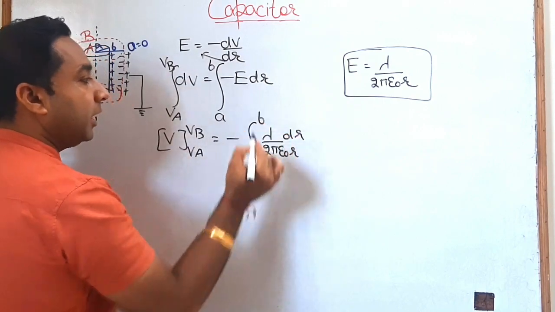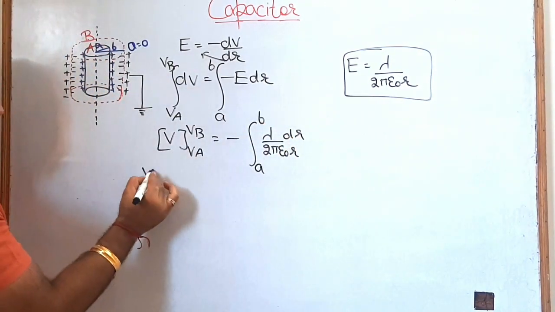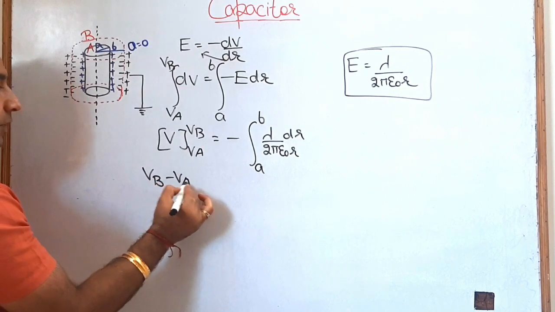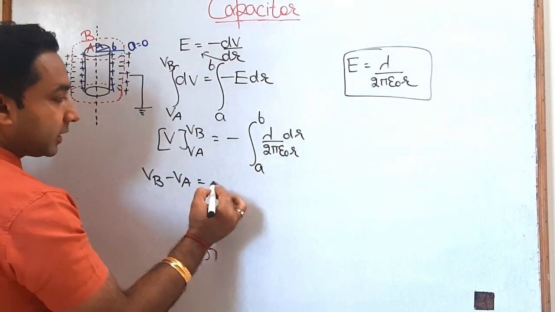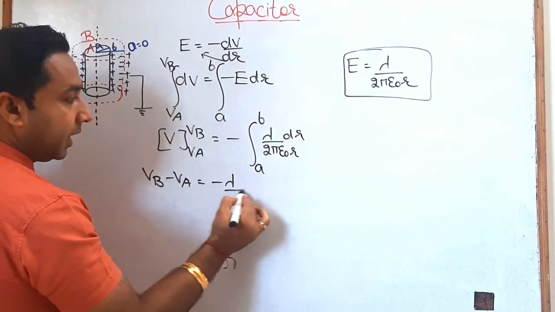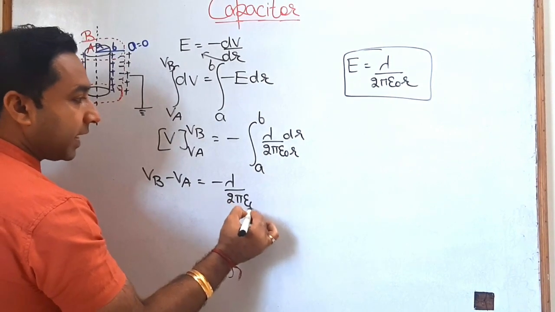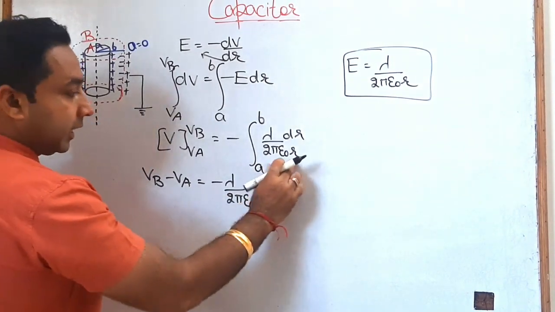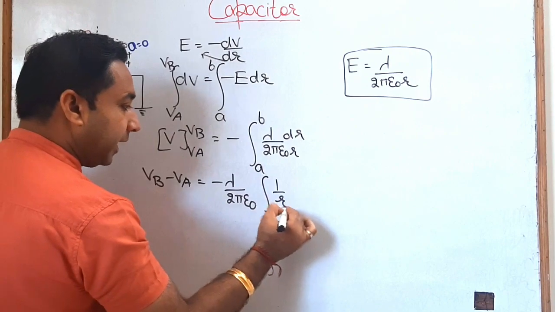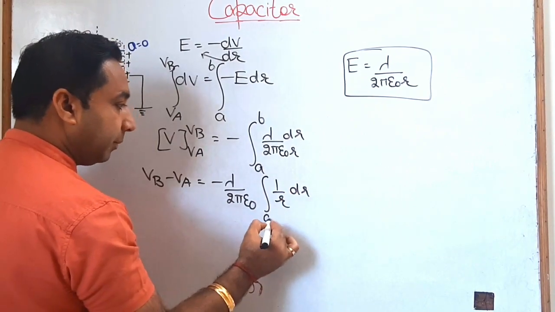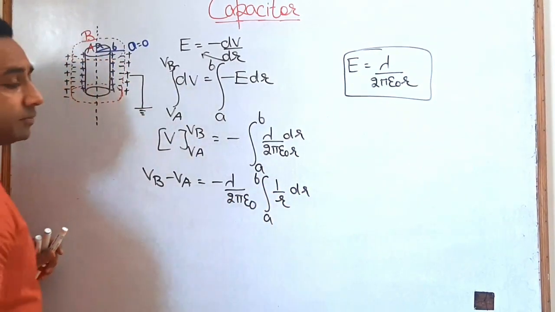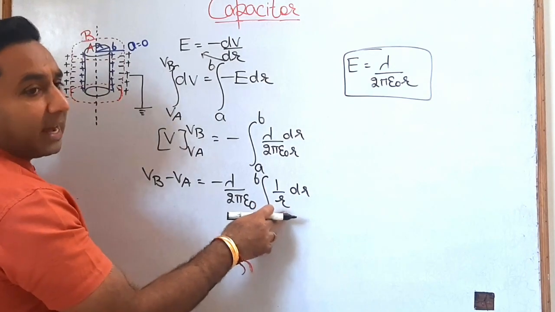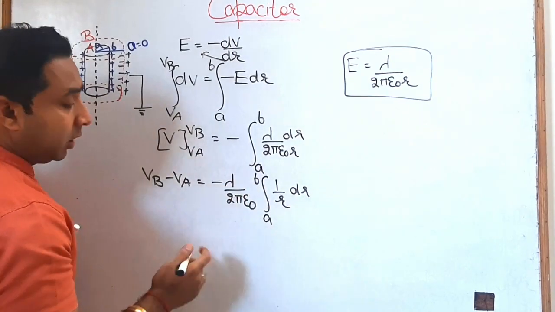The limit is from A to B. Can I write this term as VB minus VA is equal to minus lambda upon 2 pi epsilon naught as it is? Integral के अंदर है बेटा 1 by r into dr. The limit is from A to B. As we all know, 1 by r की इंटीग्रेशन होती है बेटा log.